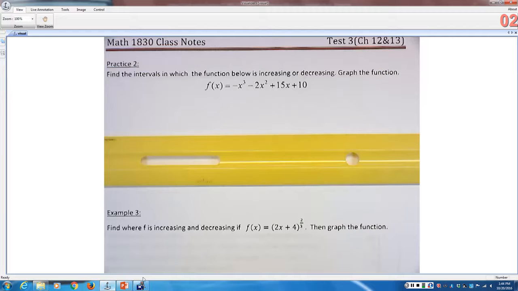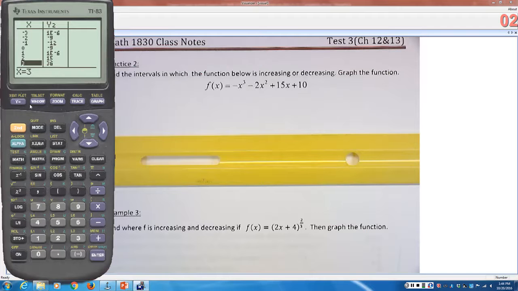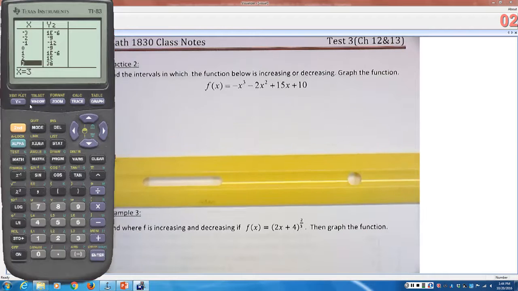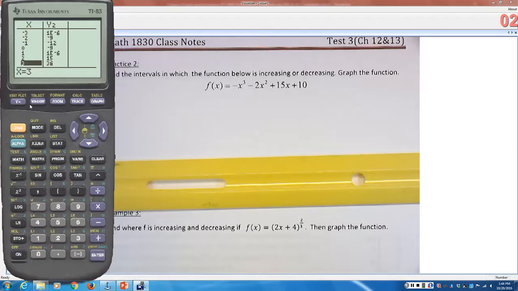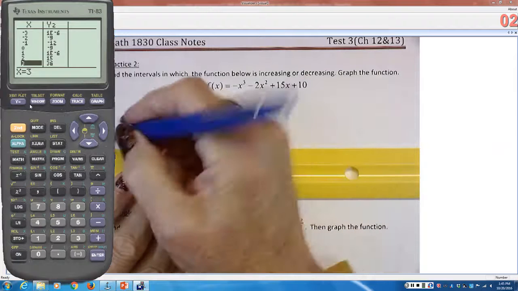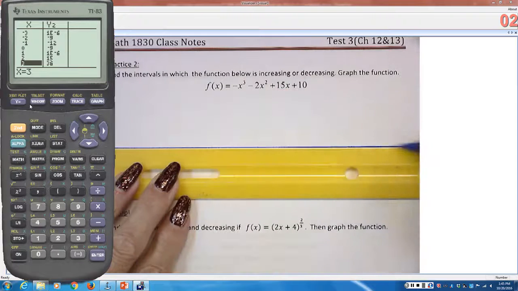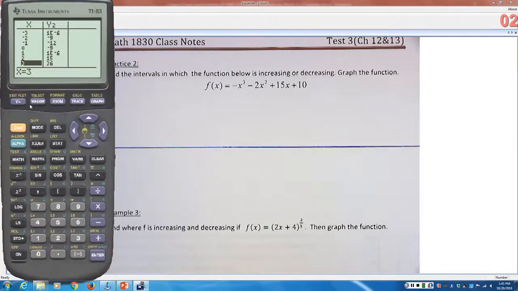So what we've got here is a bunch of values. And what I want to do is create a number line and look at intervals where the function is increasing and decreasing based on its derivative.